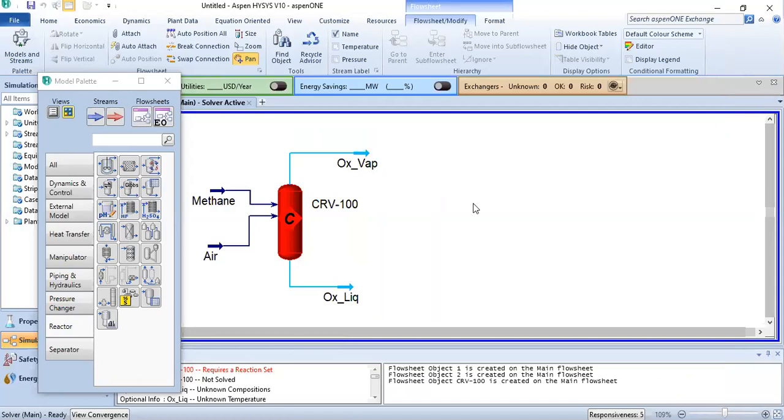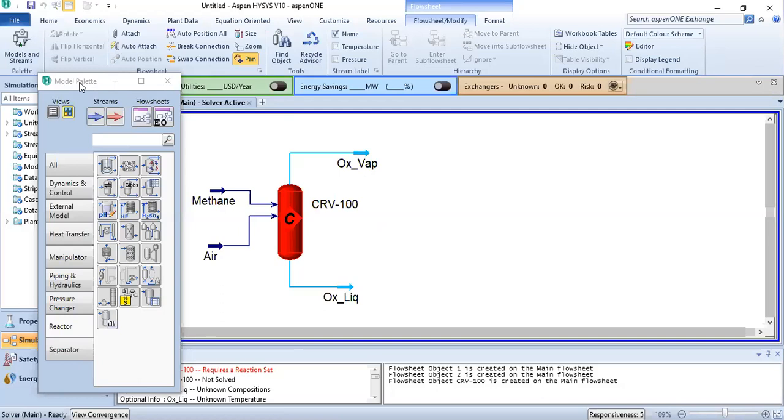Now we have defined all those streams and we have taken the reactor and defined the reactor vapor stream and reactor liquid stream. Now we have defined the inlet stream.